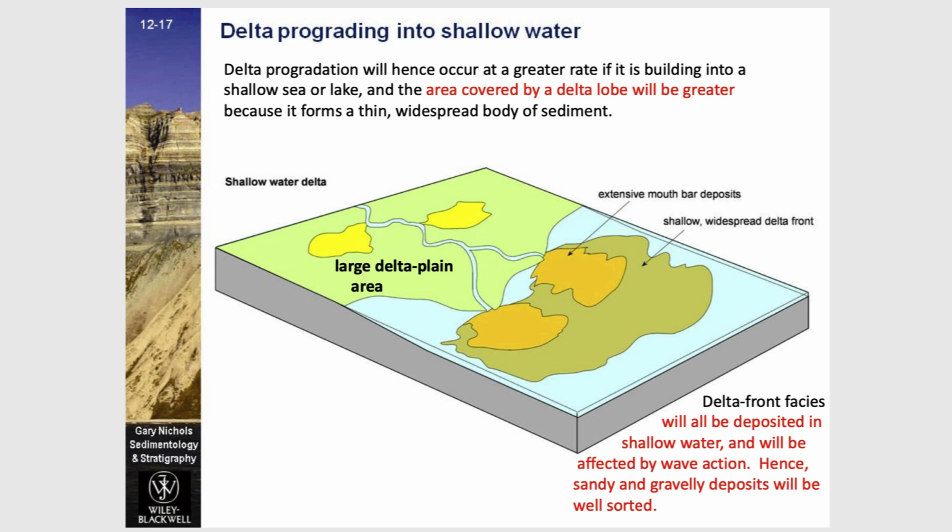Again, the volume of sediments and the ability of prograding deltas will be determined in this case by the fact that we are in a shallow sea. In this case, the delta facies will all be deposited in relatively shallow conditions, and often these conditions can be affected by wave action, which further contributes to the lateral extent of these sediment accumulations.